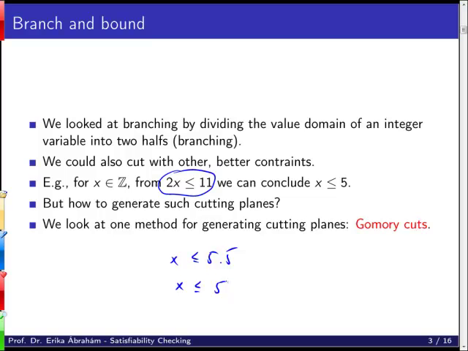And such simplifications we can generate intuitively for such simple constraints, but of course if the constraints are becoming more complex, then it is not trivial to do it by hand, so we need some automated algorithms. And this is the Gomory cuts, also called cutting planes. Gomory cuts are a certain type of cutting planes, but we will look only at that.